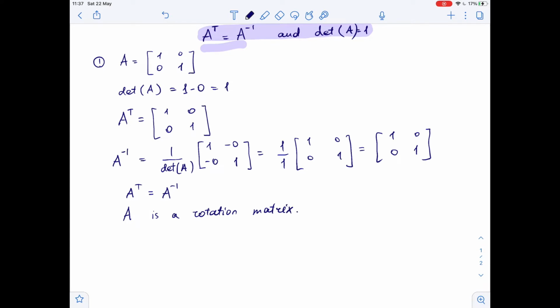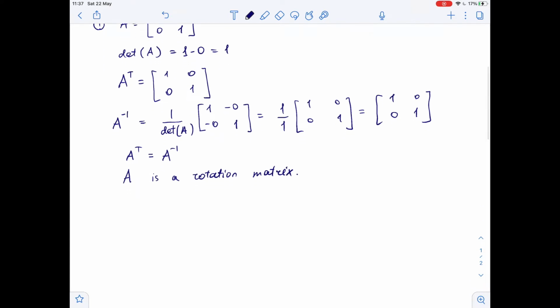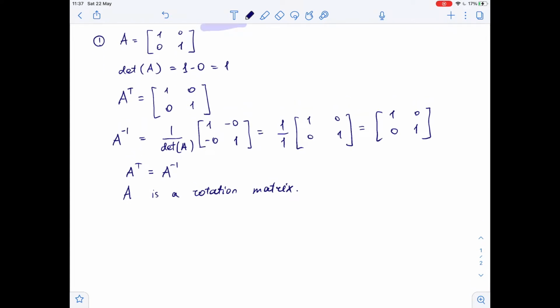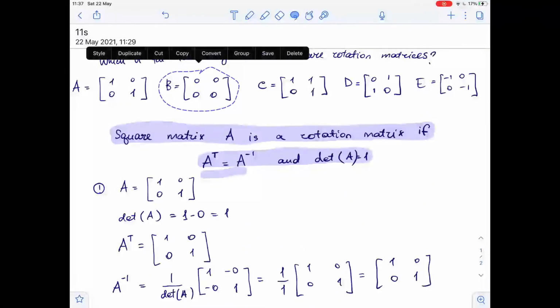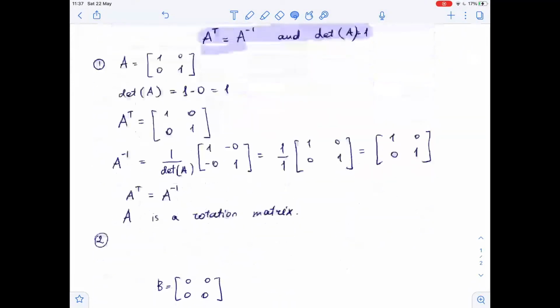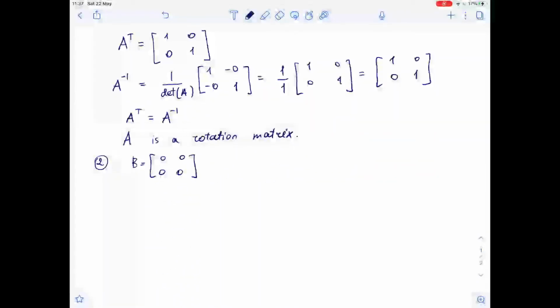Now we will follow the same steps to analyze matrix B. So we will copy paste it. Matrix B. The determinant of matrix B is equal to 0 minus 0, which is equal to 0.